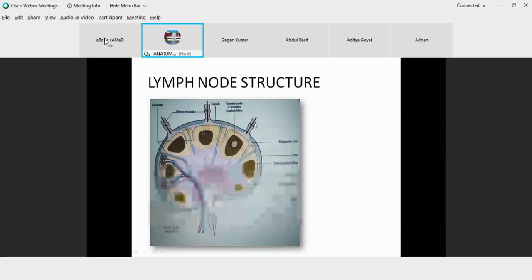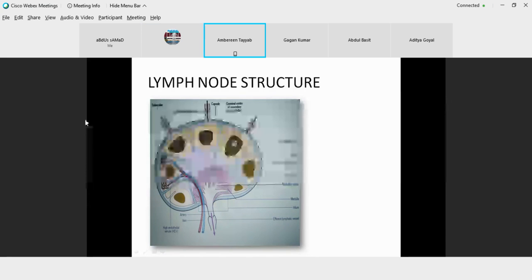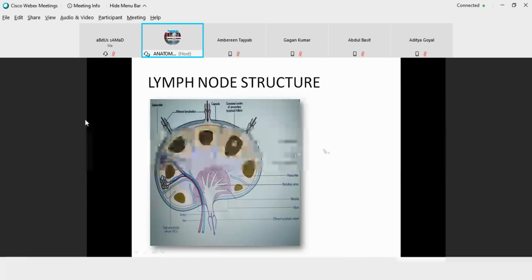What are afferent? What do you understand by afferent? Sensory, that receive the stimulus. Sensory afferent. So the term afferent can be used for lymphatics, for vessels, and for nerves also.